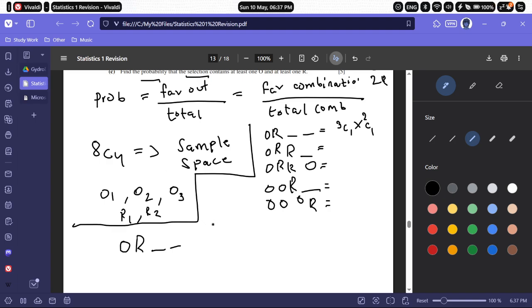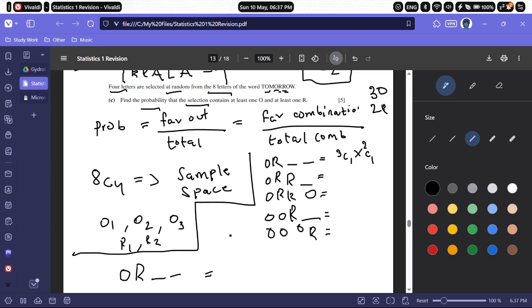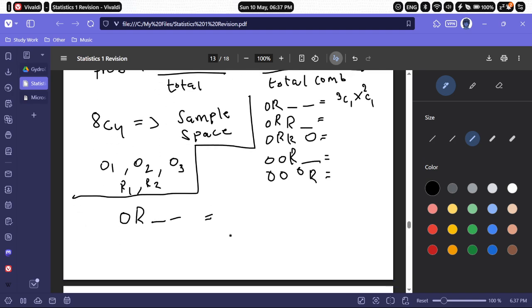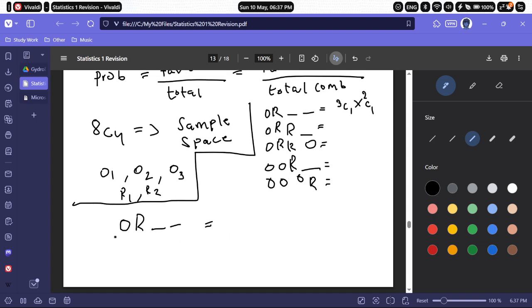Give me a minute to think about why you cannot use 6C2. First of all, you have to consider them to be separate letters, obviously. If you were to think about just these two parts, you'd start by doing 3C1 and then 2C1.